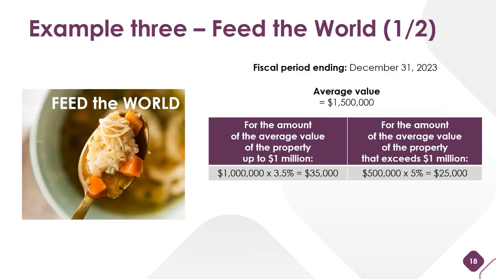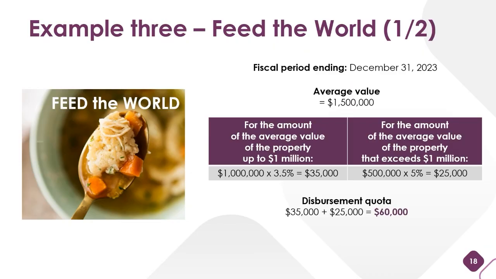So $1 million times 3.5% equals $35,000. $500,000 times 5% equals $25,000. 35,000 plus 25,000 equals 60,000. That means that Feed the World's disbursement quota for 2023 is $60,000.